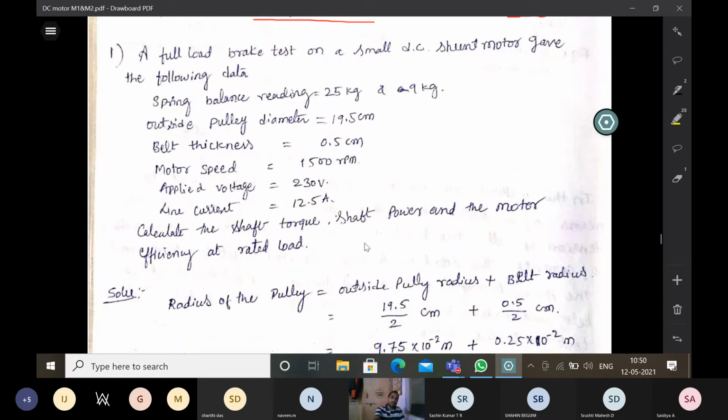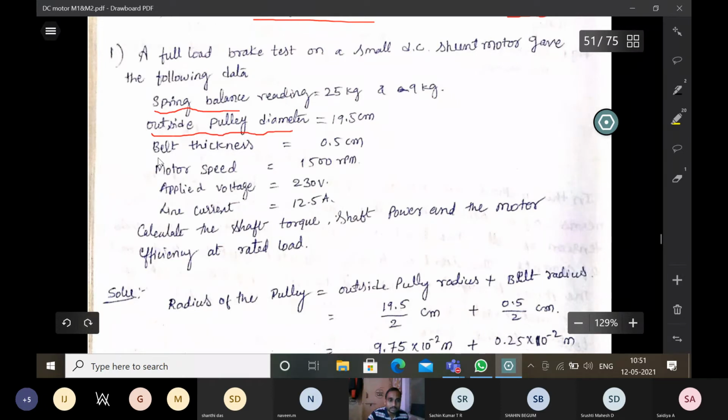He has given belt thickness, and a spring balance is there. So automatically you have to assume this is the brake test, right? By knowing the components used in the question, related to which type of motor, shunt motor or series motor, from this we can tell which test is conducted.